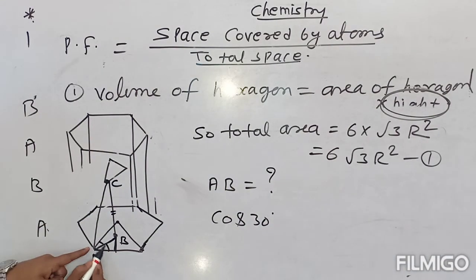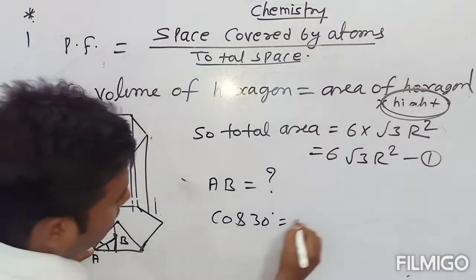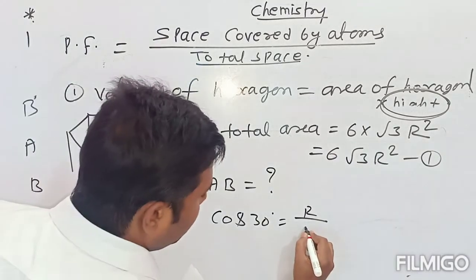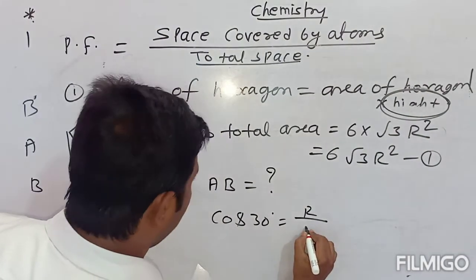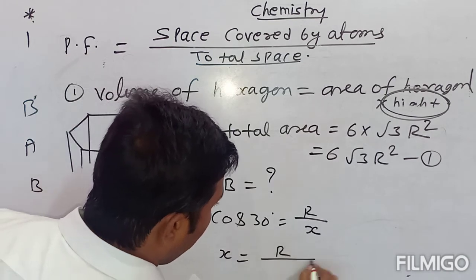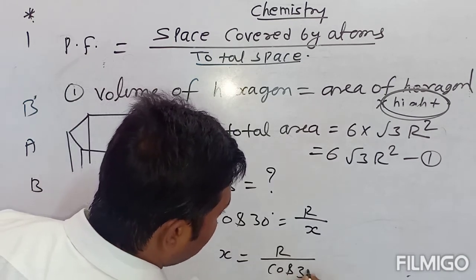Because the total angle is 60 degree, so half of this angle is 30 degree. And this length is R. Let this length be x. Then x is equal to R by cos 30 degree.